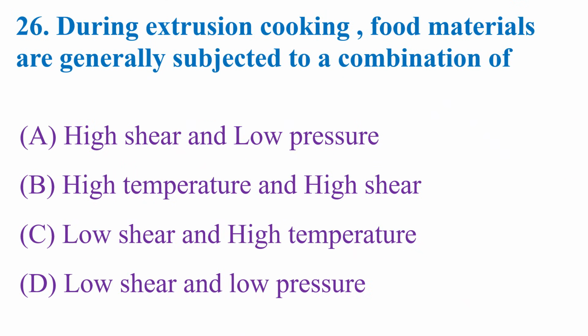Extrusion cooking: food materials are generally subjected to a combination of high shear, low pressure, high temperature, or high shear, low shear, high temperature, or low shear, low pressure. So extrusion cooking is actually a high temperature, short time process. In the extruder, basically the food material is compressed, then heated and sheared.